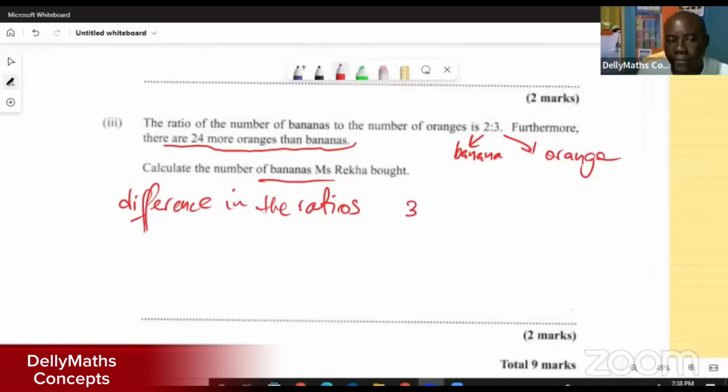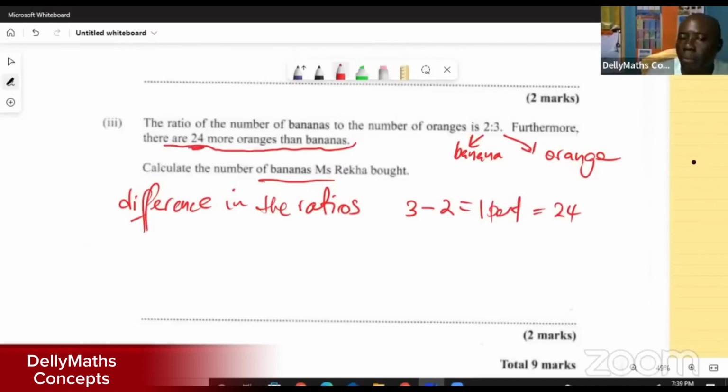So when you find the difference between the two ratios, we get 1. Because we're saying that, guess what? It is that one extra piece that the orange has over the banana. Why the orange would have gotten 24 more in terms of number. So then we can now say, you see that one extra piece that orange has over banana, that's why orange has 24 more.